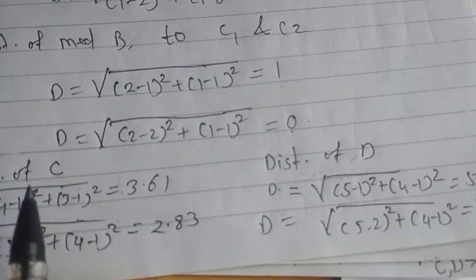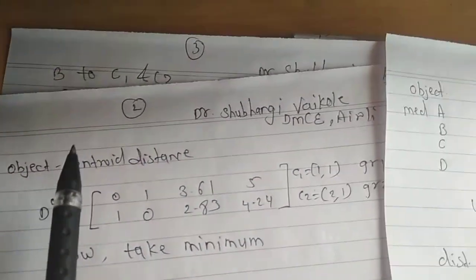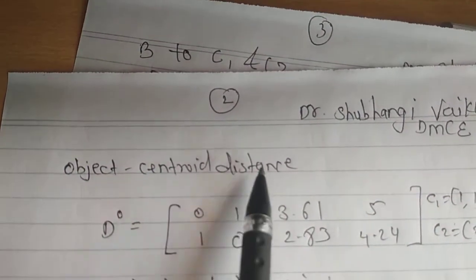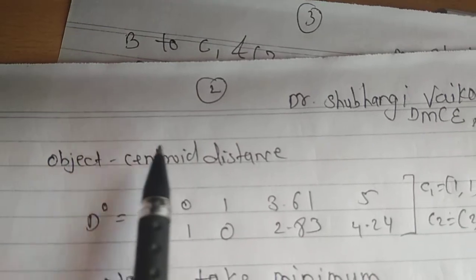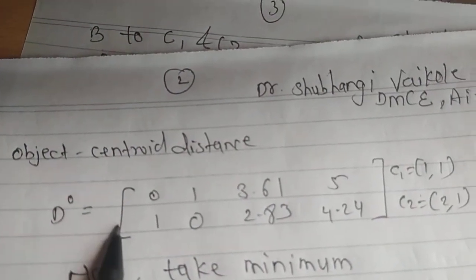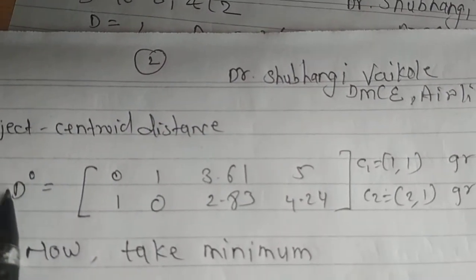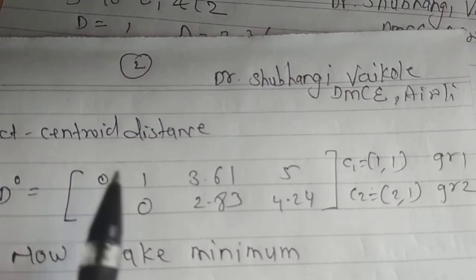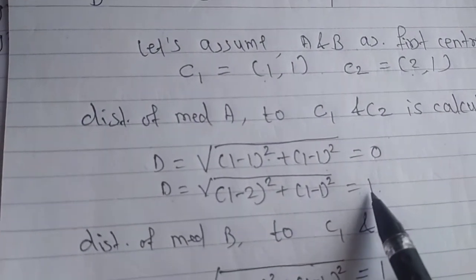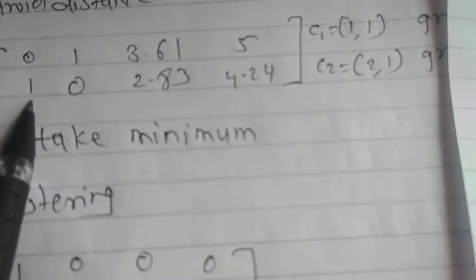After calculating all distances, we form the object centroid distance matrix. Since this is iteration 0, this is D0. For medicine A, the distance is 0 and 1, so we write 0, 1.